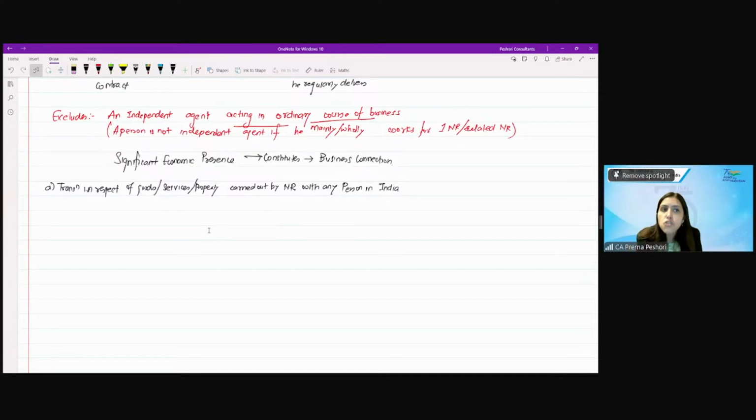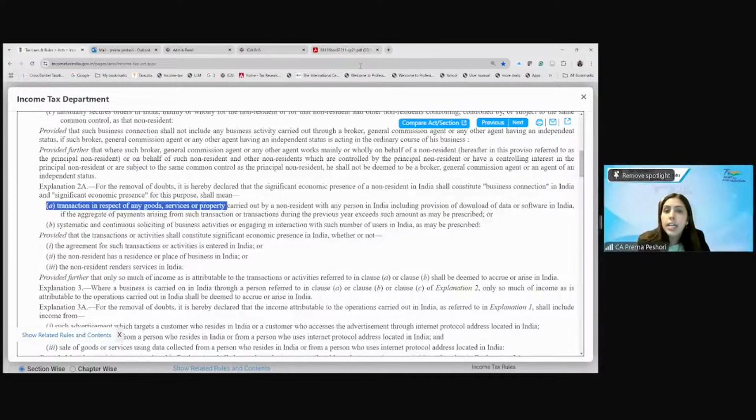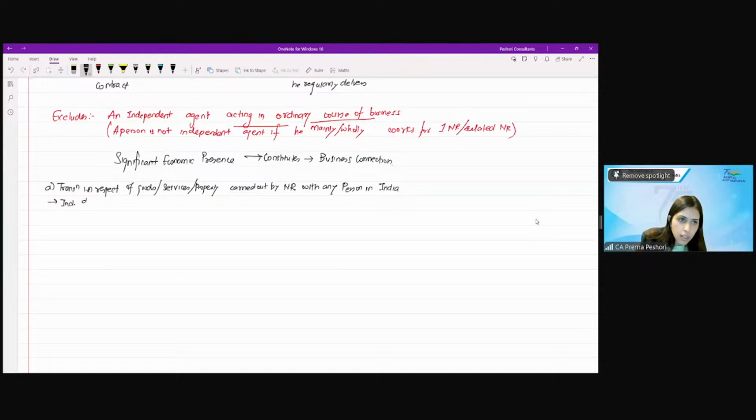So transaction in respect of goods, services, property carried out by a non-resident with any person in India, including the provision of download of data or software in India.